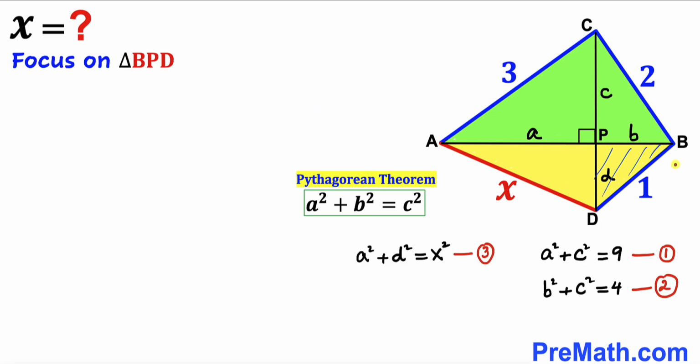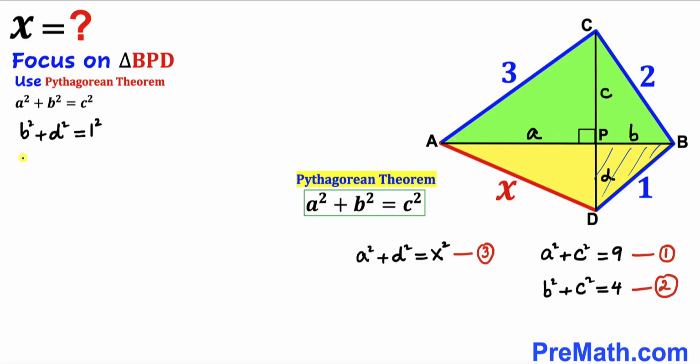And finally, let's focus on this right triangle BPD. Likewise, we are going to apply the Pythagorean theorem on this triangle as well. In our case, our hypotenuse is 1 and our two other legs are b and d. Let's fill in the blanks in this Pythagorean formula. We get b square plus d square equals 1 square.